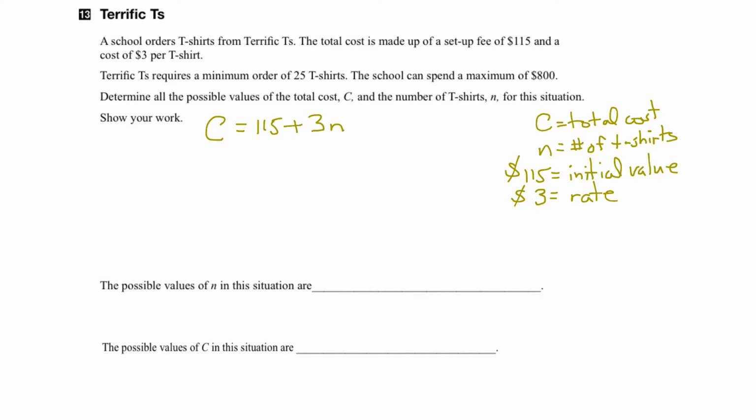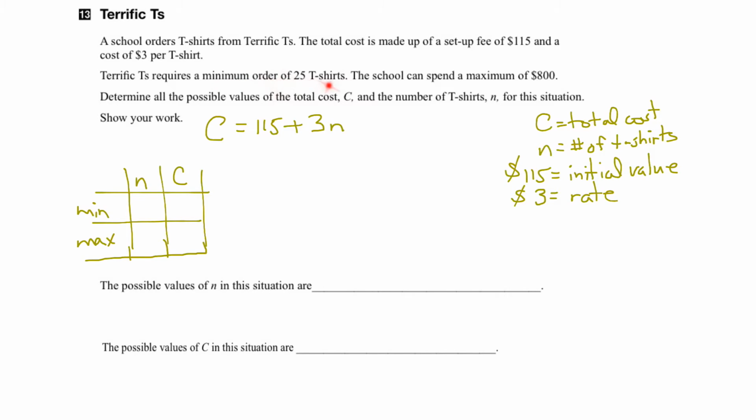So now we have to incorporate the information about the minimum and maximum values. Well, let's draw a little table of values here. And what we'll do is we'll put the dependent variable here and the independent variable here. And we'll stick minimum value here and the maximum value here.